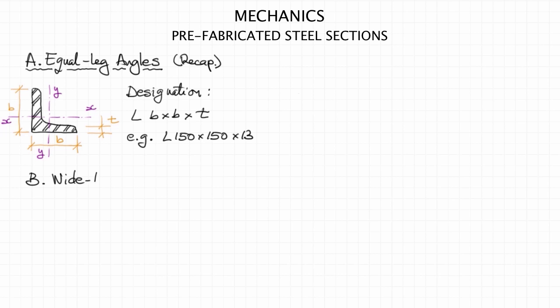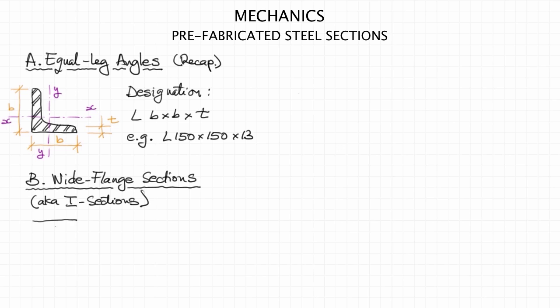Now, we're going to talk about a few other sections, and one is the wide flange sections. Due to the shape of these sections, they're also known as I sections because they resemble capital letter I. Like so. So they're composed of a vertical web and two horizontal flanges, like so.